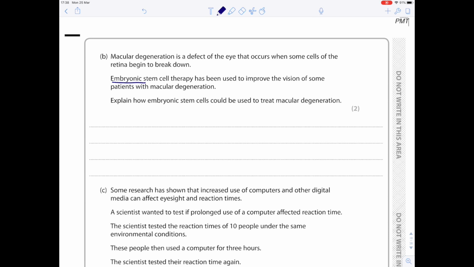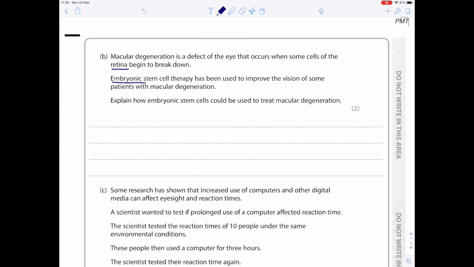So we've been told that macular degeneration is when some cells of the retina begin to break down. So if we could use embryonic stem cells to produce brand new functioning retinal cells, then clearly we could help treat this disease. And once we get hold of these cells, they can be transplanted into the patient's eyes in order to help them see.